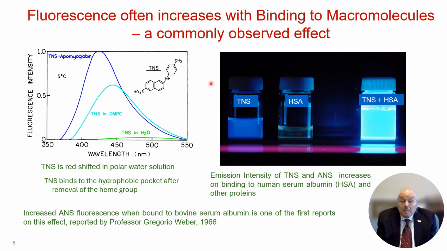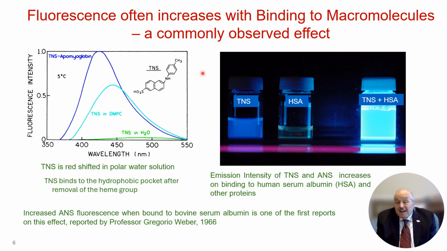Here is a common effect that is observed with many fluorophores. You might remember from one of the previous lectures we were talking about NADH and how NADH is self-quenched by the collisions of the adenine with the nicotinamide end, and that decreases the lifetime in the free state, and the lifetime goes up in the bound state because it can't collide any longer.